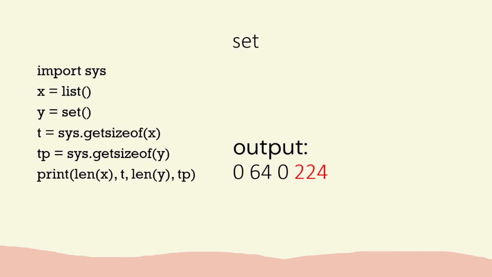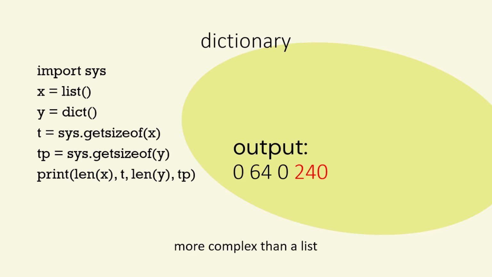A set is quite large, but we don't really use sets in our normal code. So we normally use a list. How about a dictionary? Well, again, dictionary uses more bytes, but a dictionary is a bit more complex. Rather than accessing elements using a position, we access them using the key.